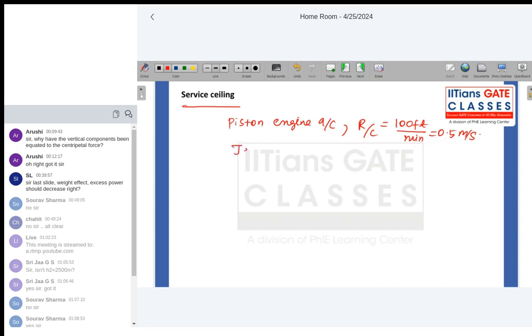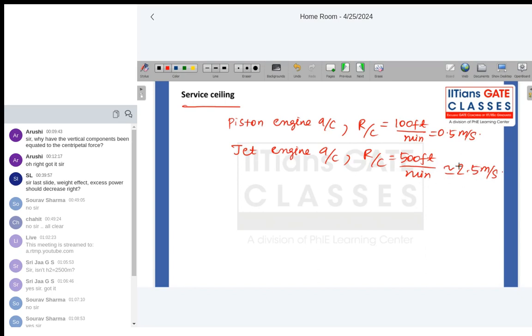Same way for a jet engine aircraft, the rate of climb when it has reached 500 feet per minute, which is approximately 2.5 meter per second, that is the maximum altitude at which a jet engine aircraft is allowed to climb.